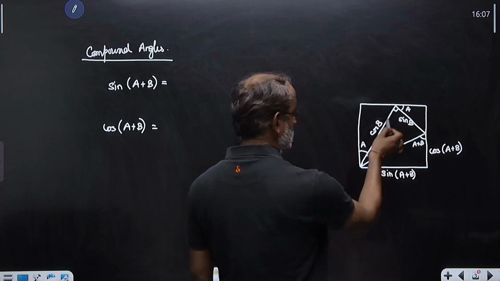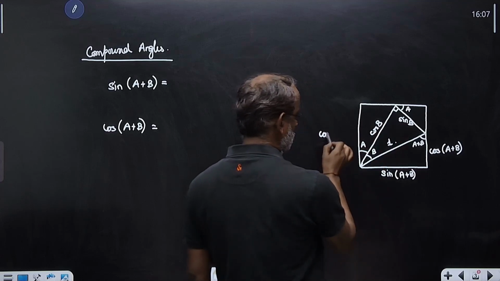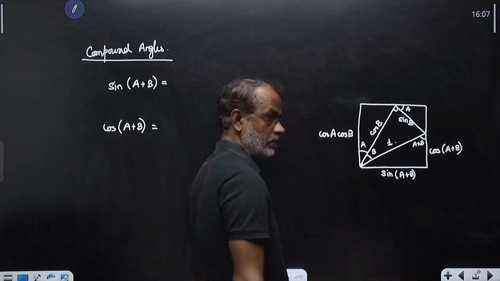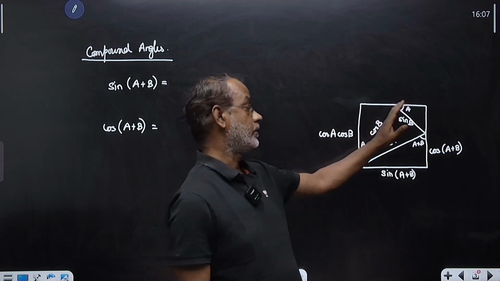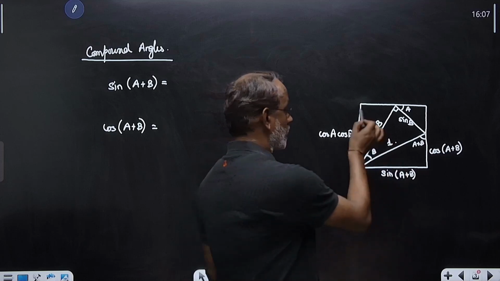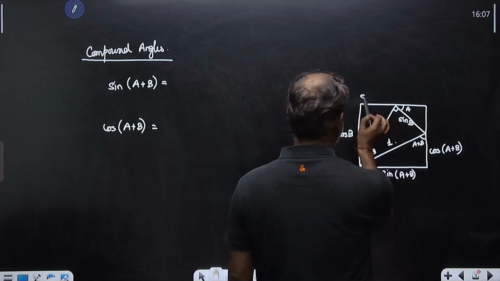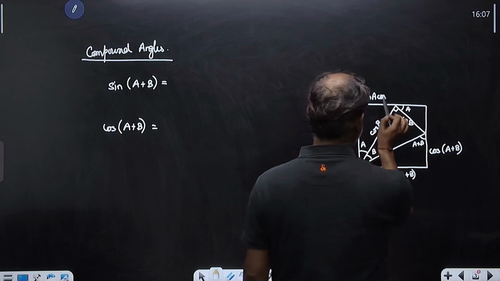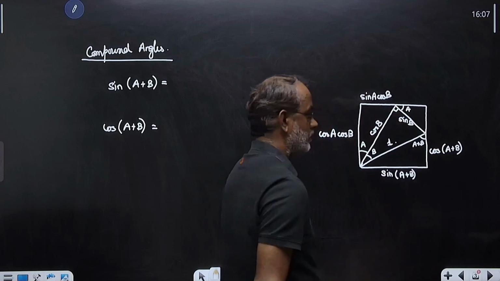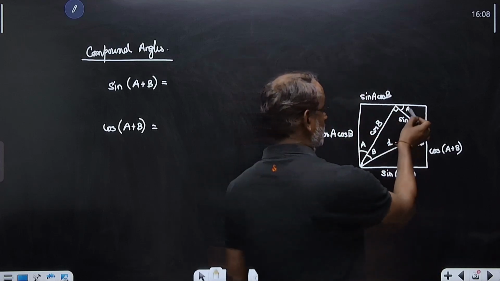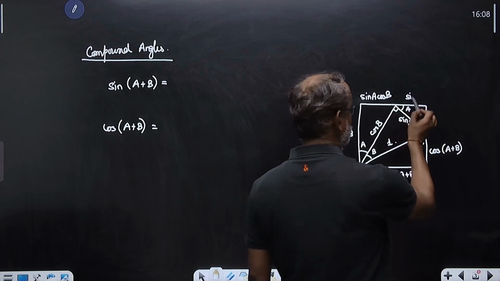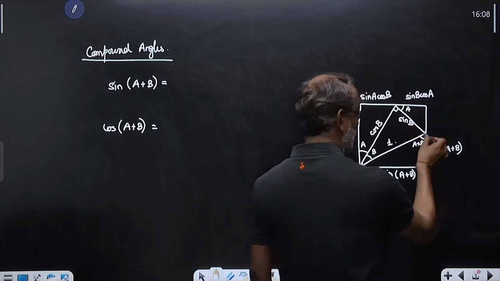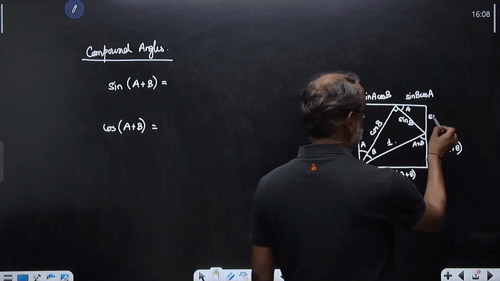The hypotenuse is cos B, so the base is cos A cos B. What will the perpendicular be? Sin A cos B. This is sin B, so this is sin B cos A. And this is sin A.